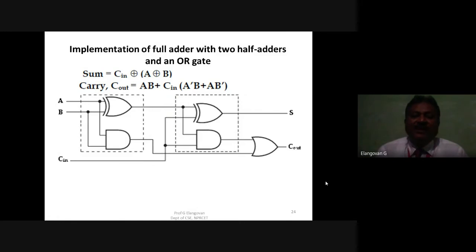Both carries from the two half adders are combined together with an OR gate to get the carry output. This is the simplified full adder circuit with the help of two half adders.